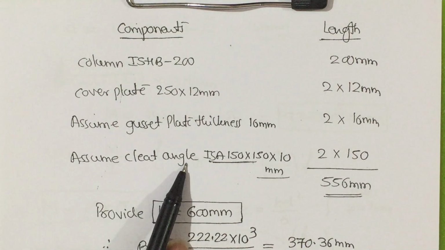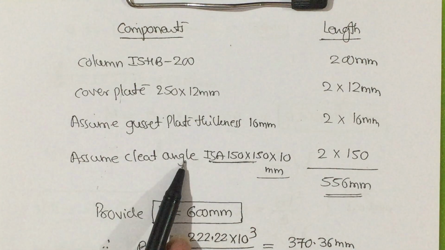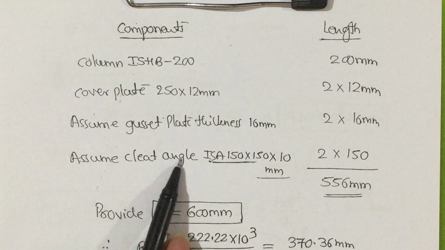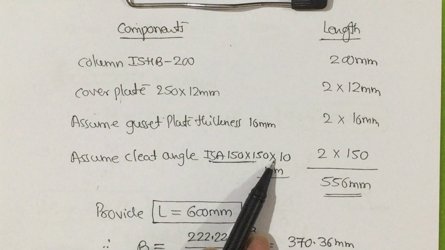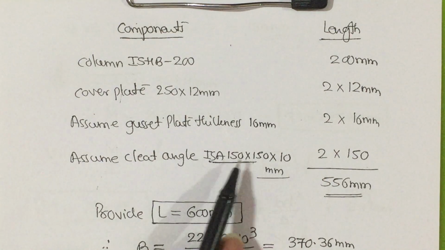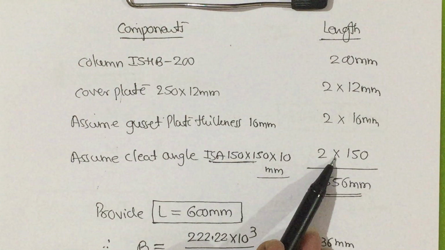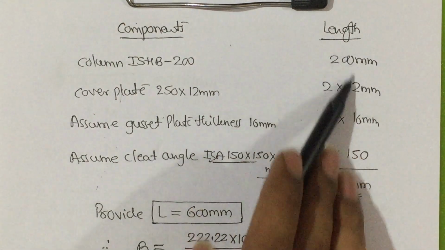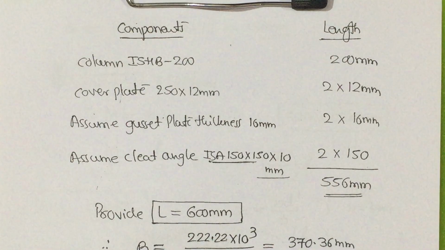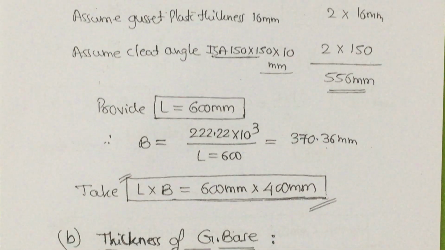Assume cleat angle. For the connection we are going to provide angle plates. We call that one as cleat angle. Assume cleat angles ISA 150 by 150 by 10 mm. So, length is 150. We are going to provide 2 angles, multiply it by 2. The total length you are going to get is 556 mm.